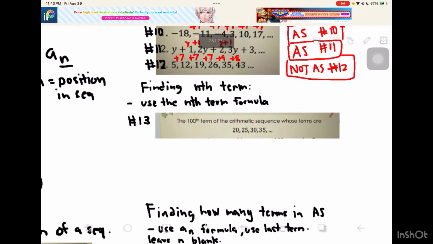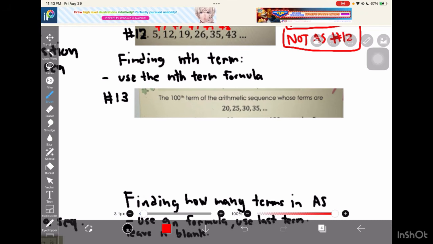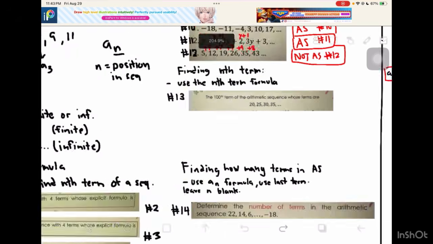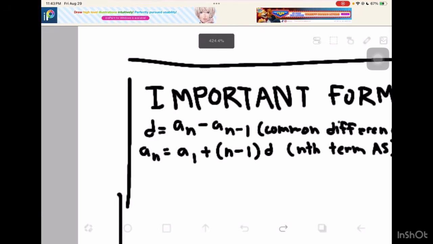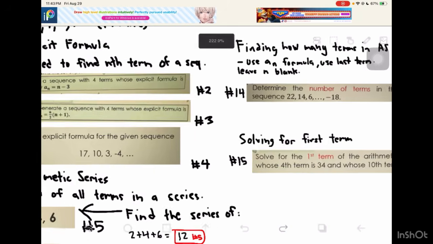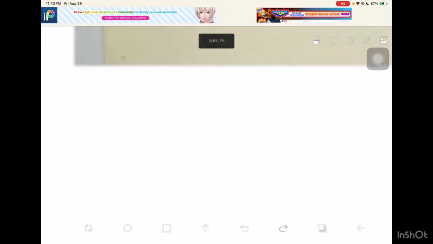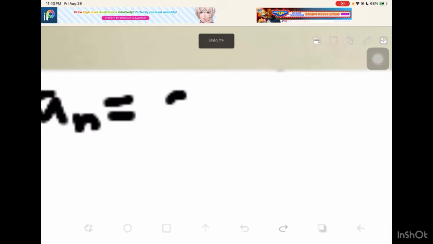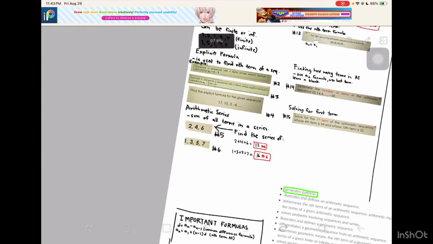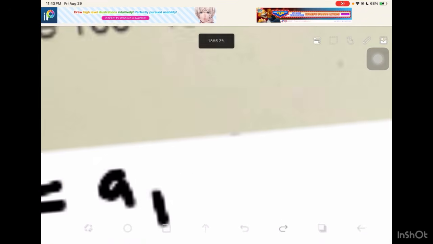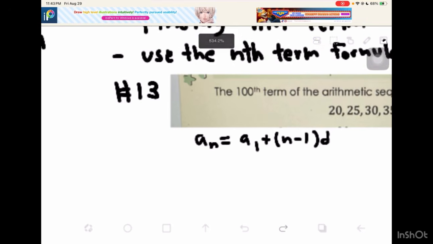Alright, next. Finding the nth term. Use the nth term formula. So the nth term formula is a sub n equals a sub 1 plus n minus 1 times d. Let's dissect that. So a sub n is equal to a sub 1 plus n minus 1 times d, our common difference.